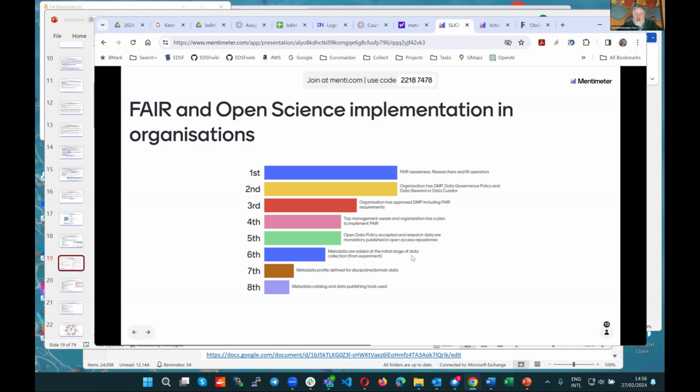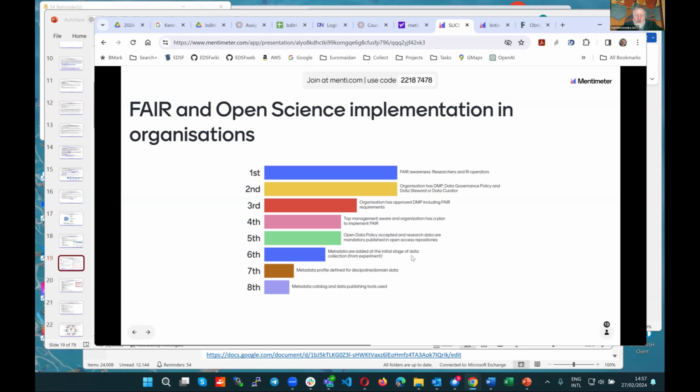But at the same time, organizational data management is already good. This is a good result. I hope not less than 10 people put this at the top. And a low level of acceptance of metadata catalogs and data publishing tools.